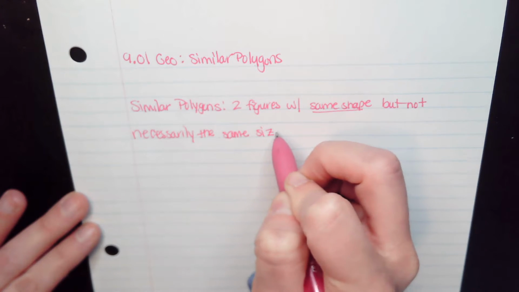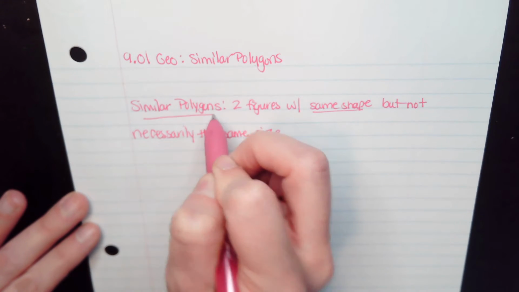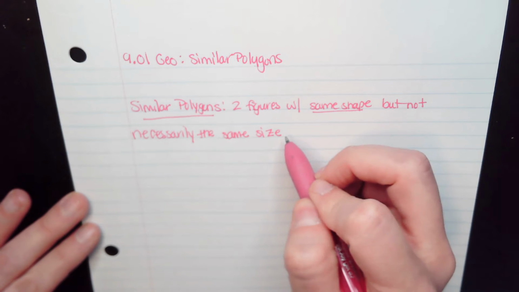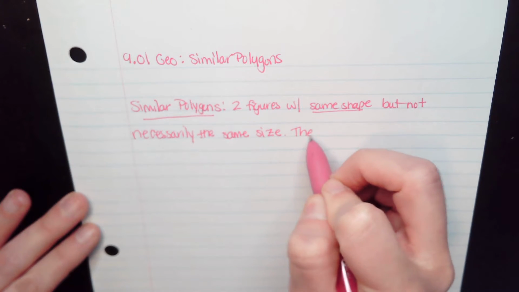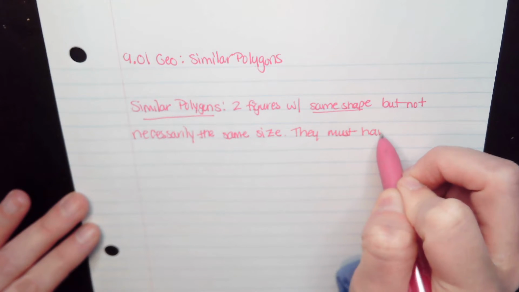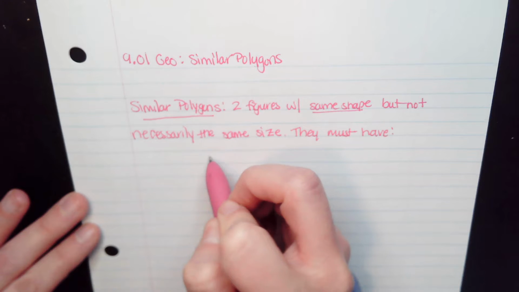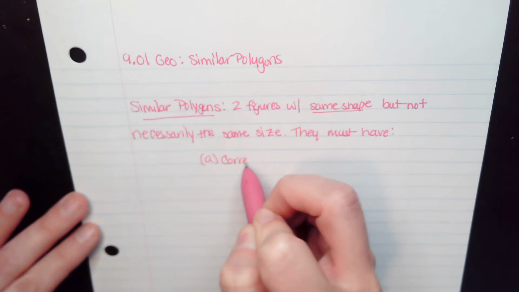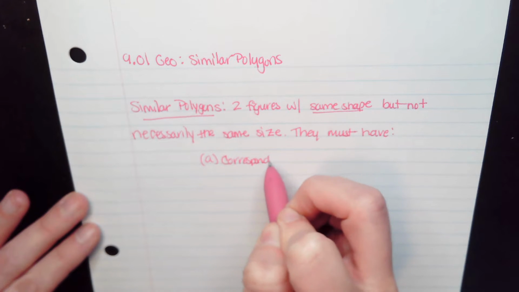And there's two things that must be true in order for the figures to be considered similar to each other. So those things are, number one, all of their corresponding angles must be congruent.